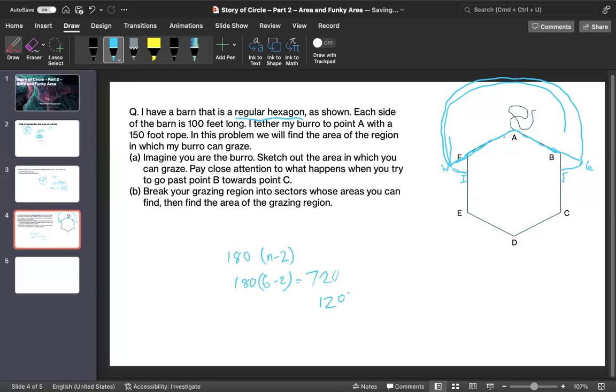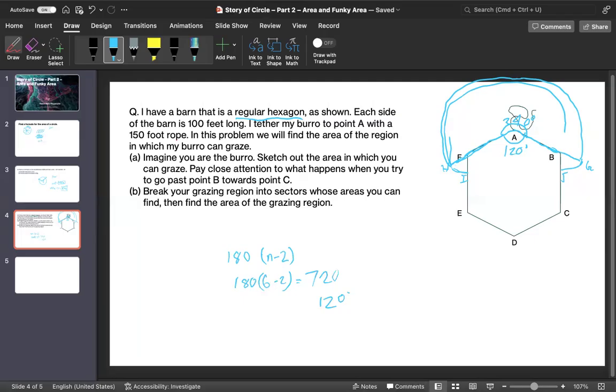Okay, so that helps. So we know that angle A is 120 degrees, which gives us that this little part is 240 degrees. So we know that arc HG is 2/3 of a circle with radius 150 feet.